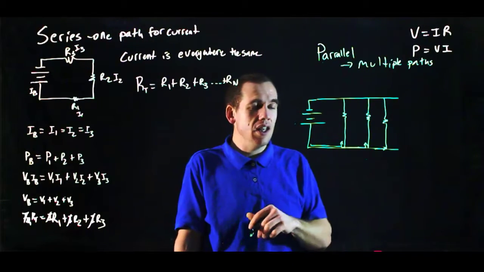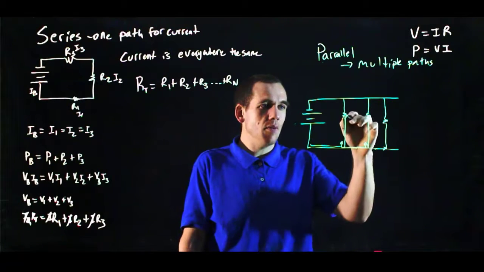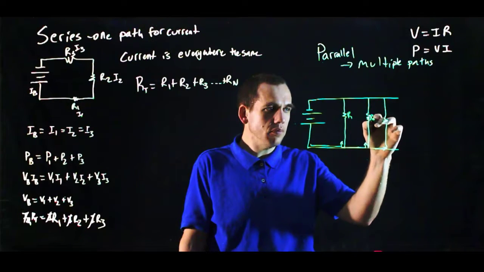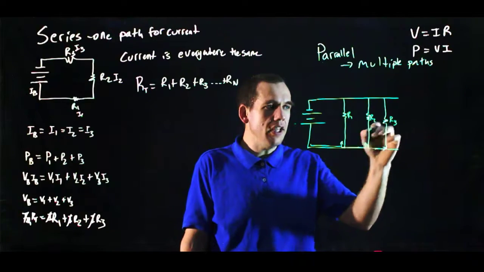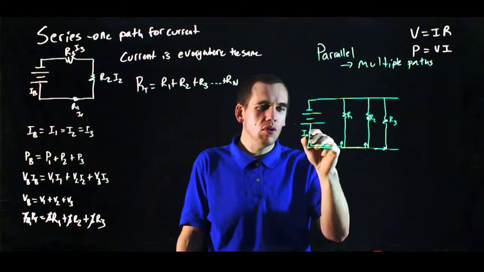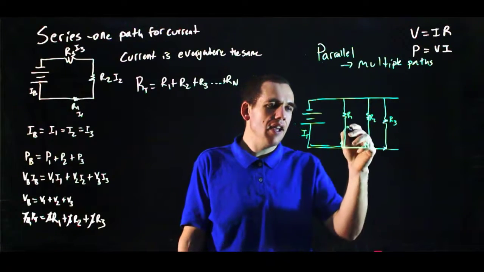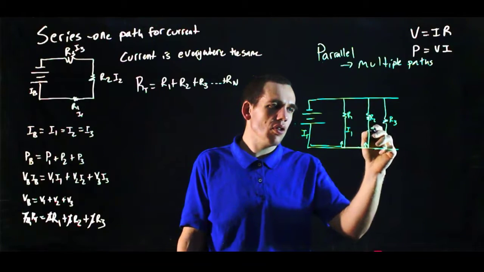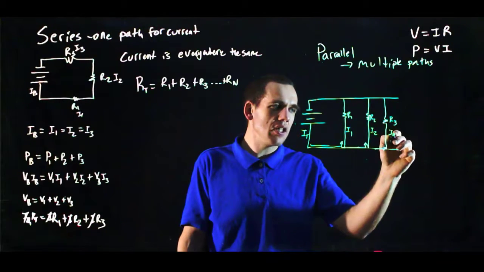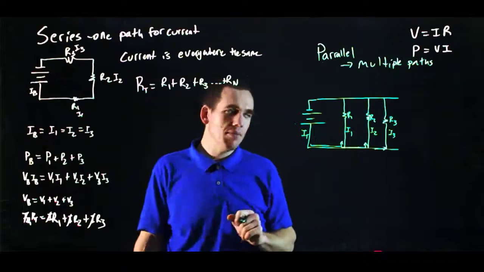So how are we going to get the equivalent resistance of this? Well, again, we'll have R1, R2, R3, and I'll have the total current leaving the battery. And then I'll have the current through this branch, and the current through this branch, and the current through this branch. Now, in series, those all had to be the same.